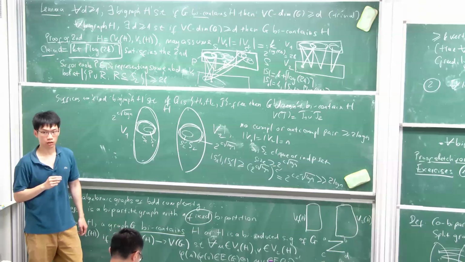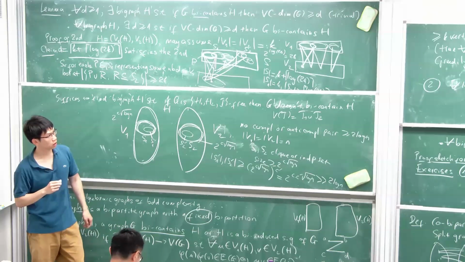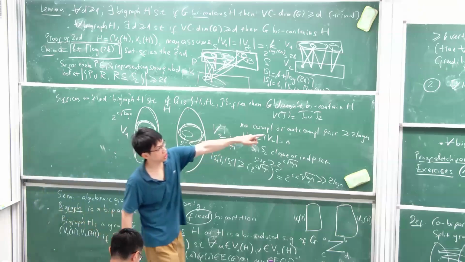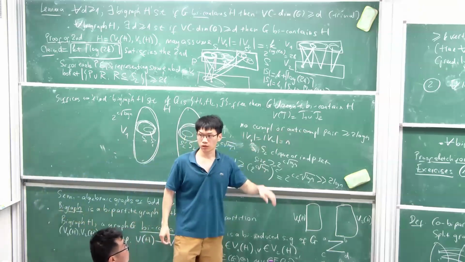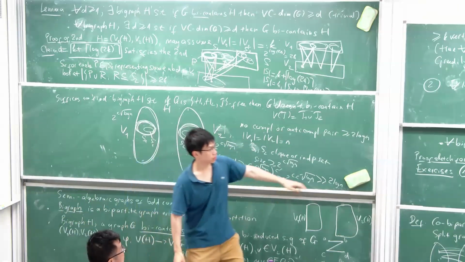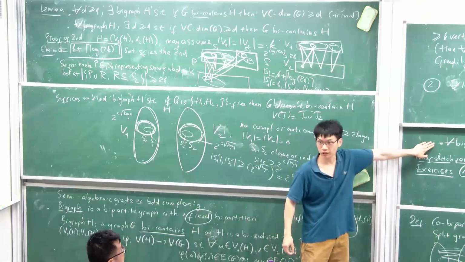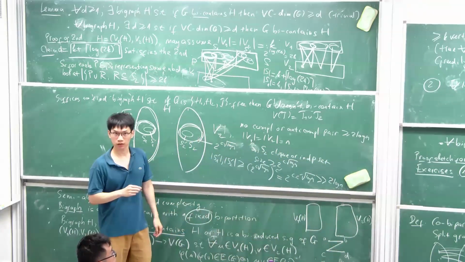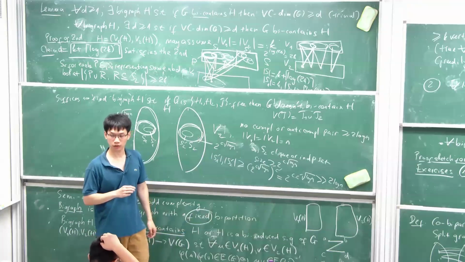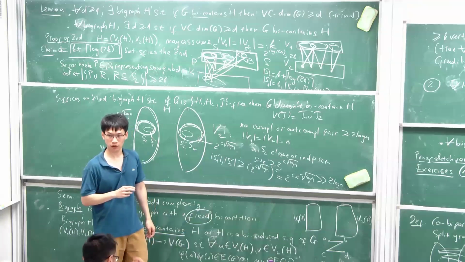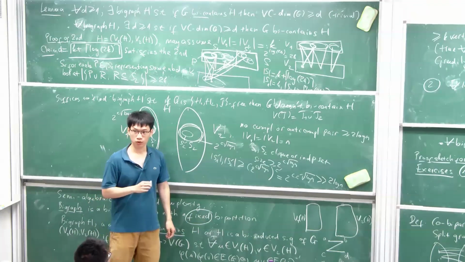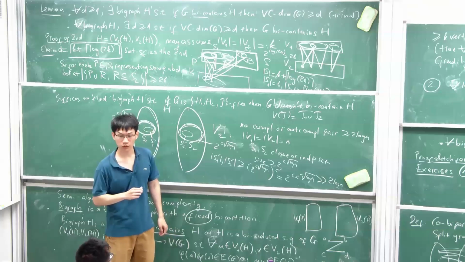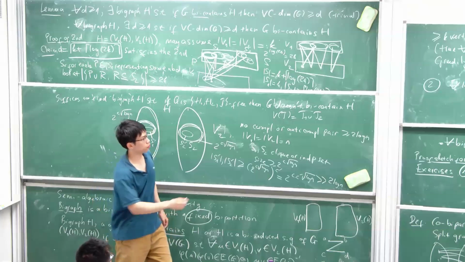Now, how do you get this no complete or anti-complete pair of size at least 2 log n? That's the second exercise. So by using exercises 1 and 2, I'm proving the second lemma. So just take H from the second one. The no complete or anti-complete pair is for H, yes.